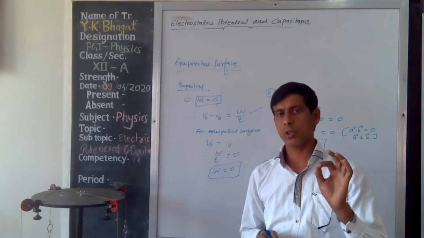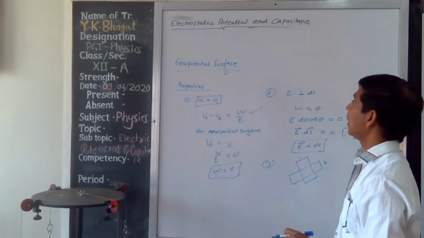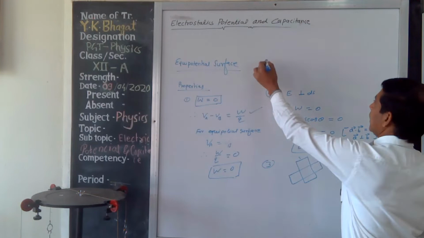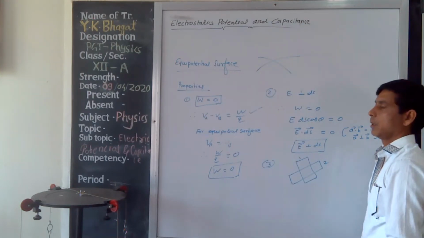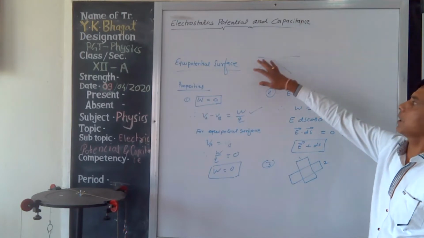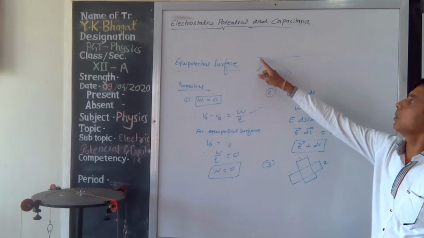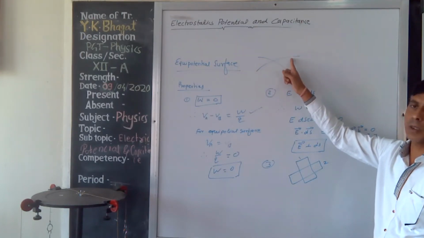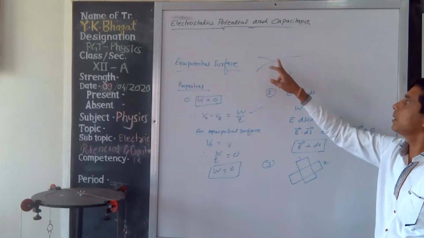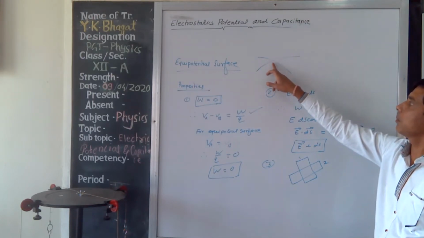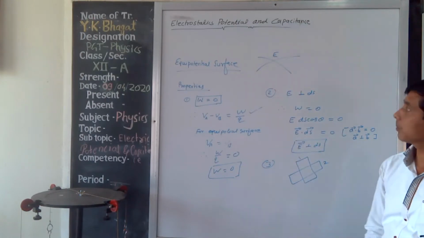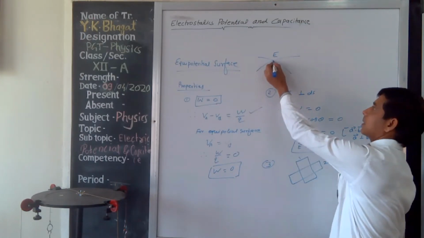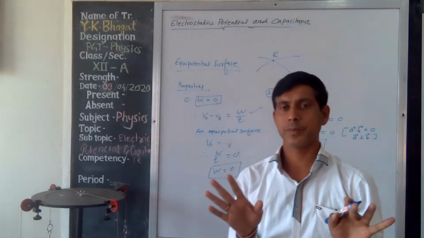This is similar to a previous chapter, where two lines of force never intersect each other. The property of electric lines of force is that two lines of force never intersect each other. Why? If they intersect each other, there will be two directions of electric field at the point of intersection, which is impossible.